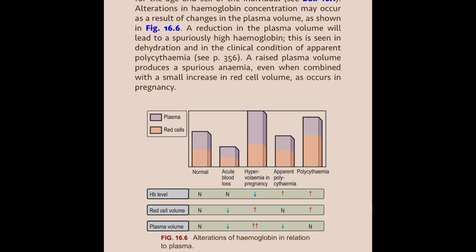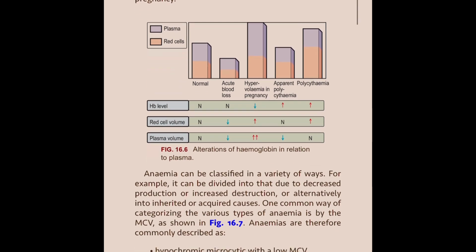This is seen in dehydration and in the clinical condition of apparent polycythemia. A raised plasma volume produces a spurious anemia, even when combined with a small increase in red cell volume, as occurs in pregnancy.